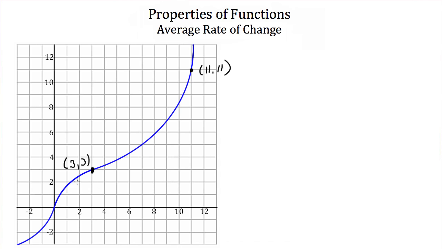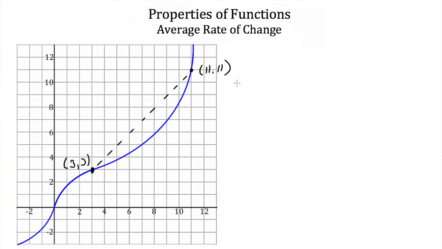Well, then I could approximate the rate of change of this function by finding the rate of change of the line between these 2 points. Now remember, the rate of change of a line is just the slope. So the average rate of change of this function, which I'm approximating with this line, is just the slope of this line.